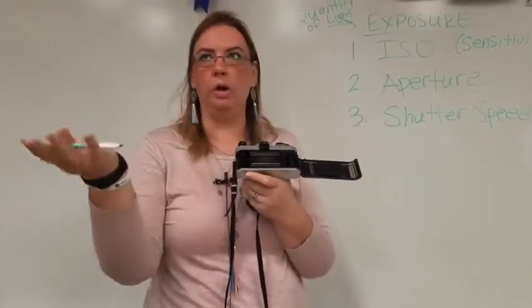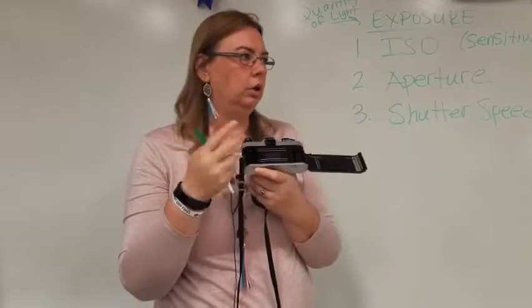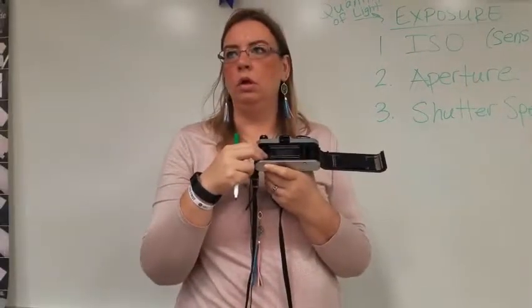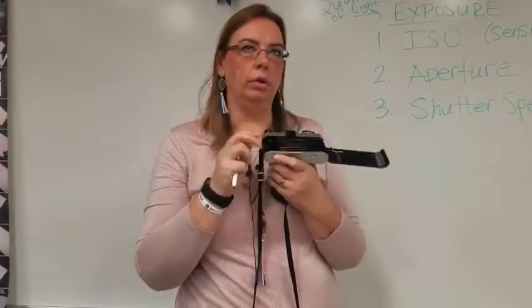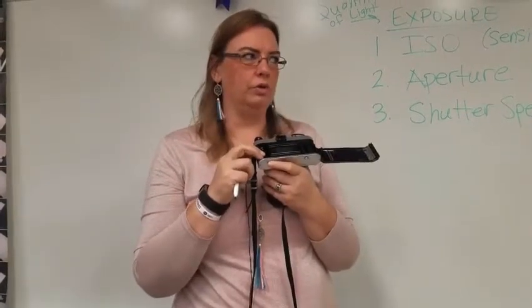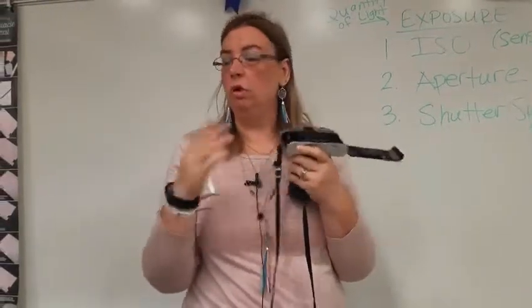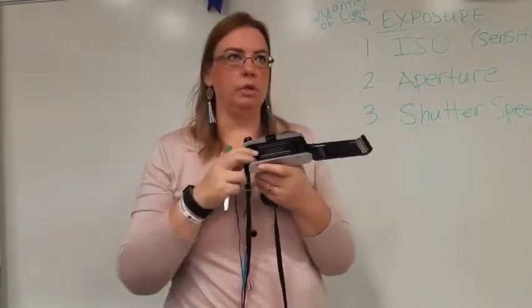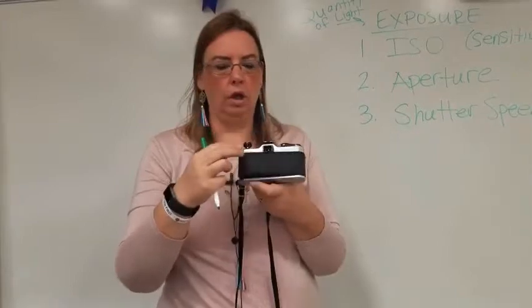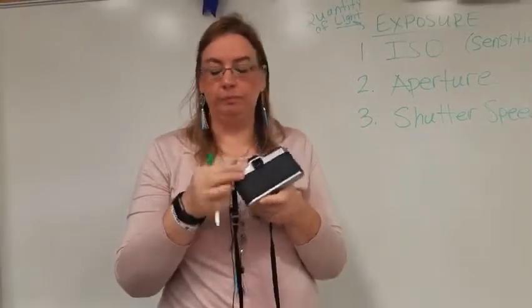So if you were going to go on a bright sunny day, you'd have 100. If you were going to go on a cloudy day, you might have 400 film. Typical what everybody shot with was usually 400, just because you could use a flash if you needed to. But it goes clear up to like 1600 and 3200s. So they would shoot with film.